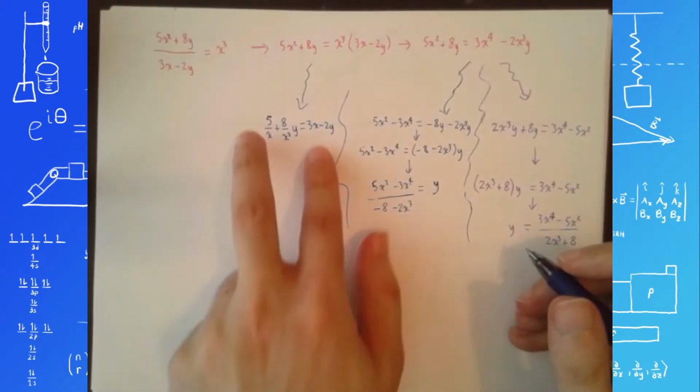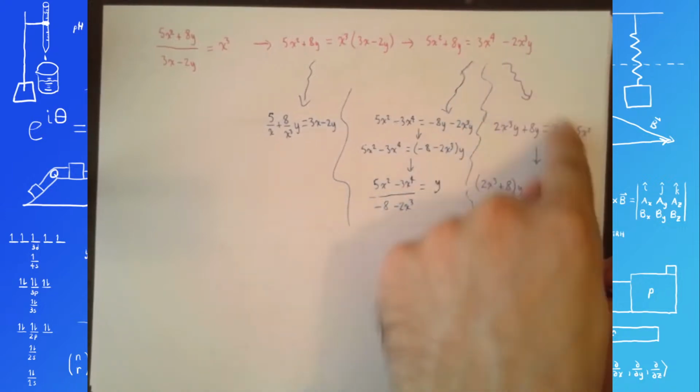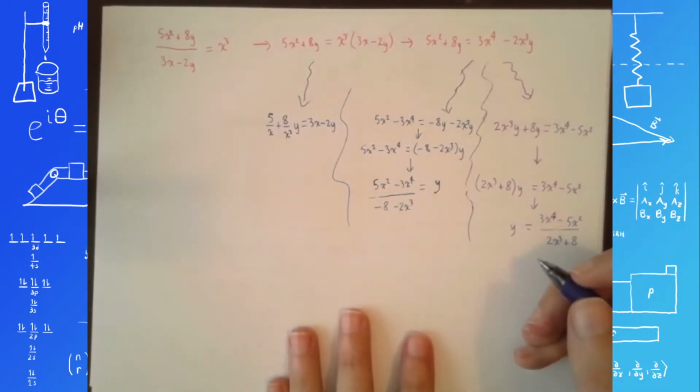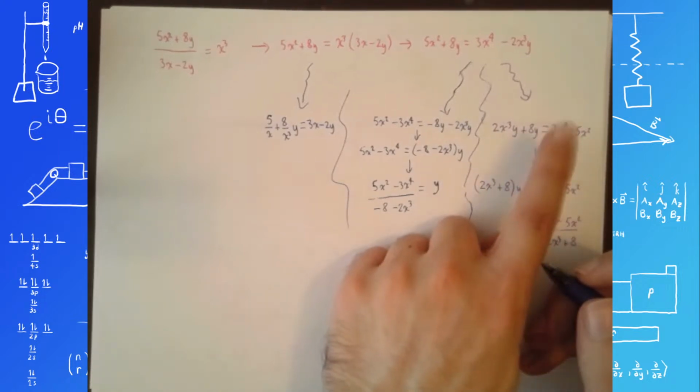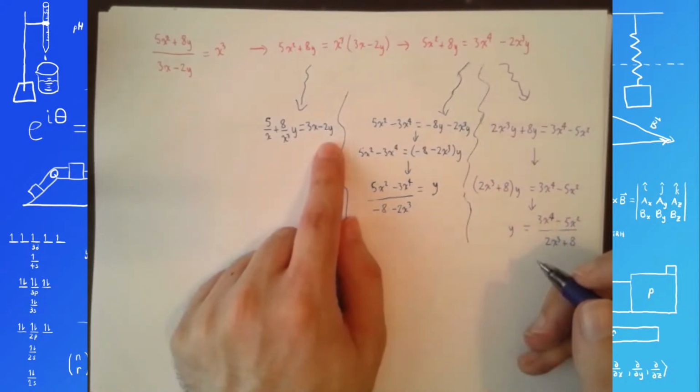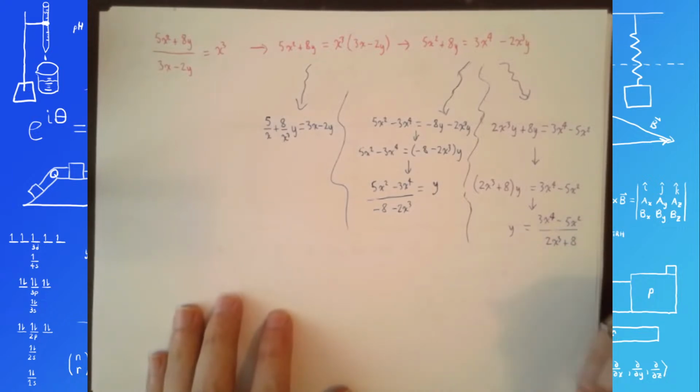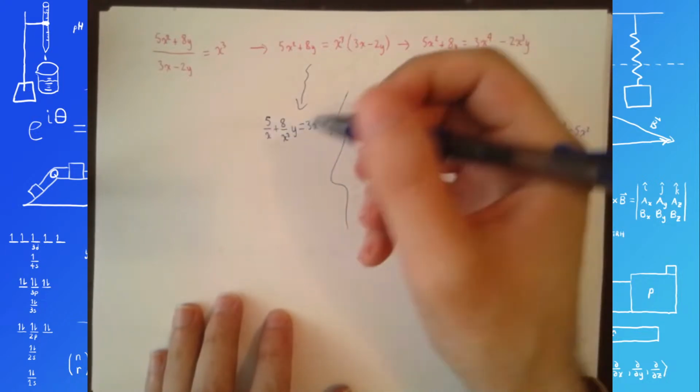And from here you can go two different routes, kind of like what we did over here. You can go two different ways. I'm just going to pick one of them. I'm going to pick basically the same thing I did over here. I'm going to add the 2y because I like making my target positive, and subtract the 5 over x.